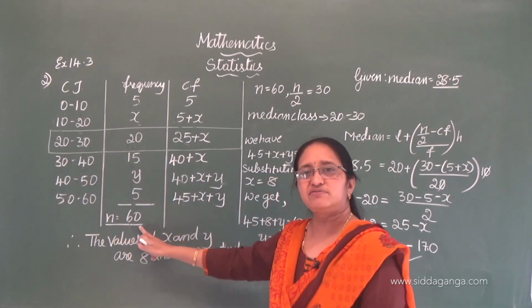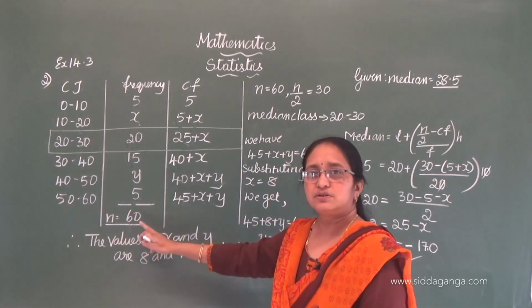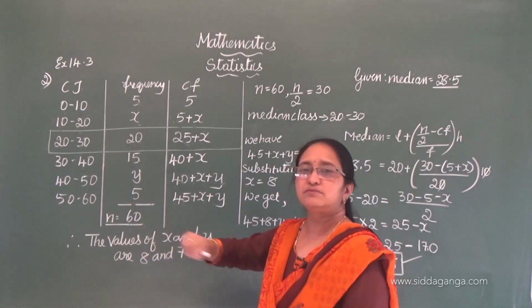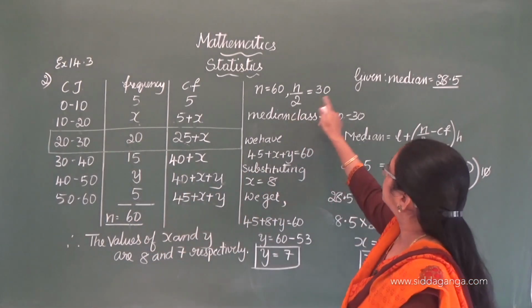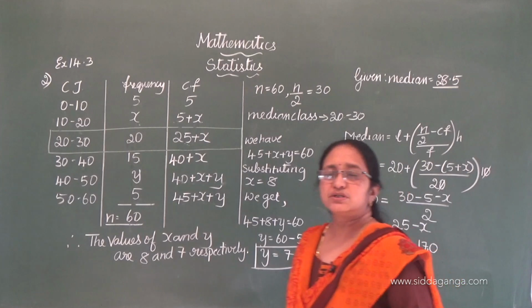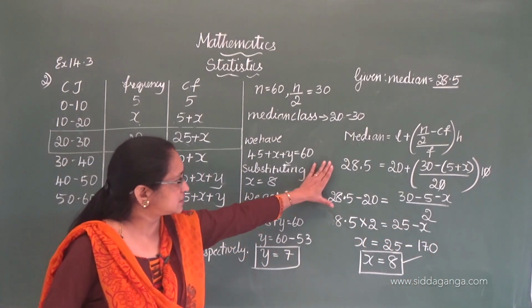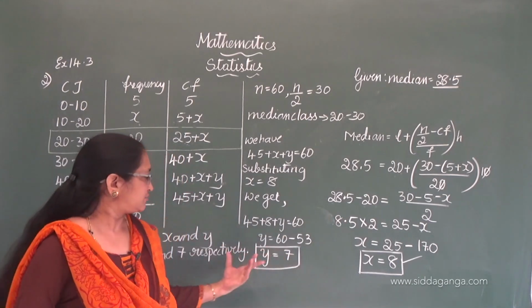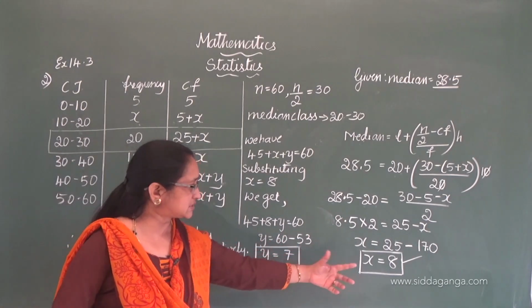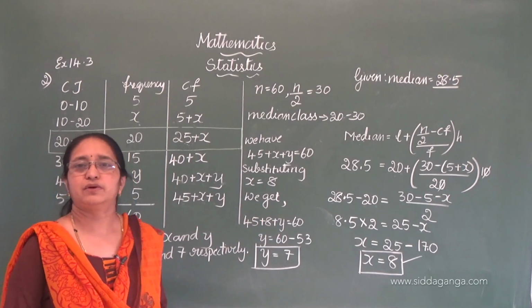So they will definitely give n is equal to some value. You have to use that, and also the median, with the same formula, and proceed with simplification.